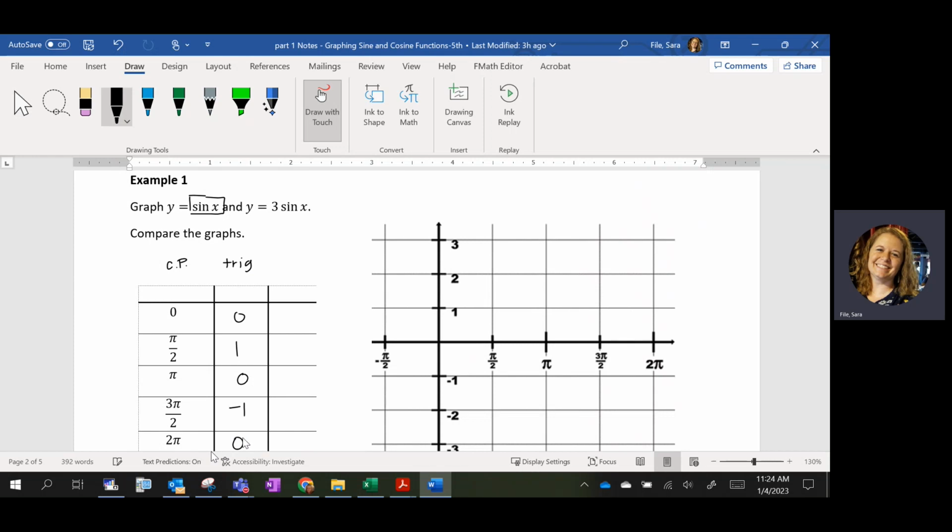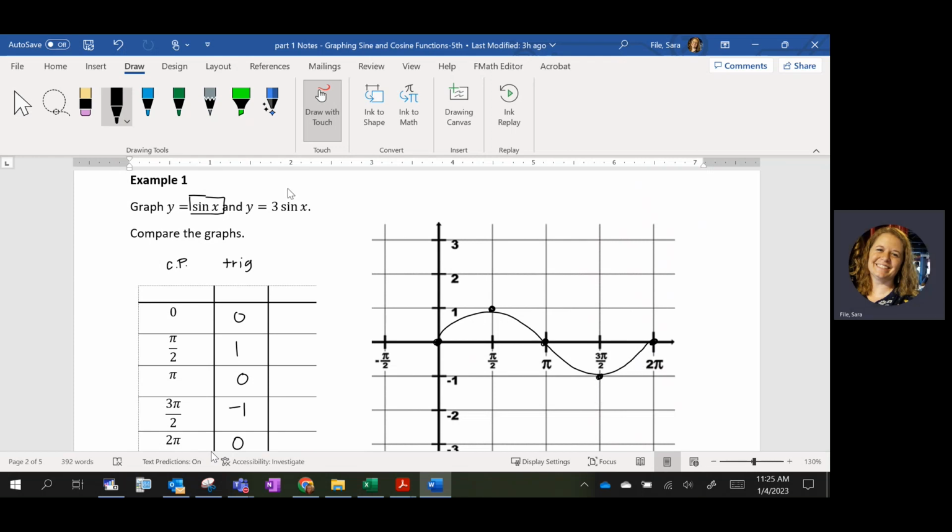And I'm going to plot those points, and that's my parent function. So at 0, 0, at pi halves 1, at pi 0, at 3 pi halves -1, and at 2 pi 0. And I'm going to remember it's curved. Don't draw straight lines with sharp points. Nice and curved. So there's the parent sine function.